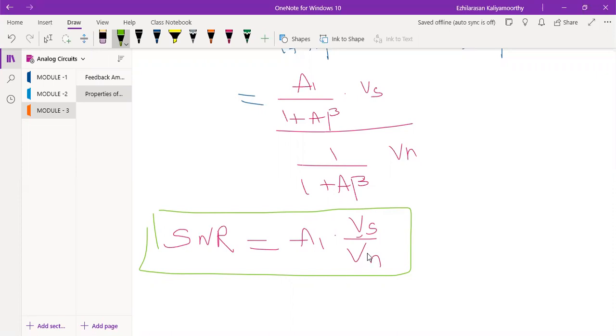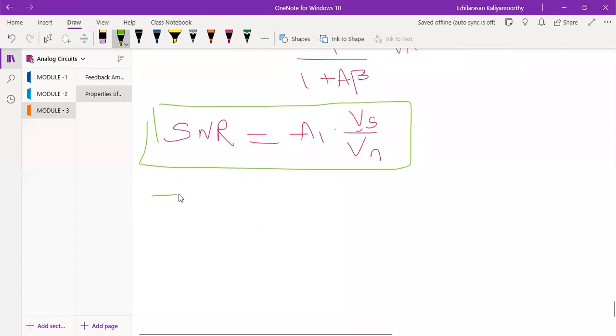The situation is not uncommon in practice. The best example is found in the output power amplifier stage of an audio amplifier.